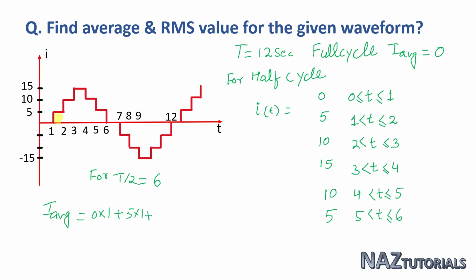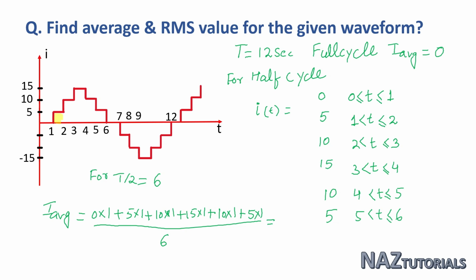Similarly, next 2 to 3 second, its value is 10, 10 into 1, rectangular wave shape, plus 15 into 1, and 4 to 5 it is 10 into 1. 5 to 6 it is again 5 into 1, divided by total time, that is 6 seconds.